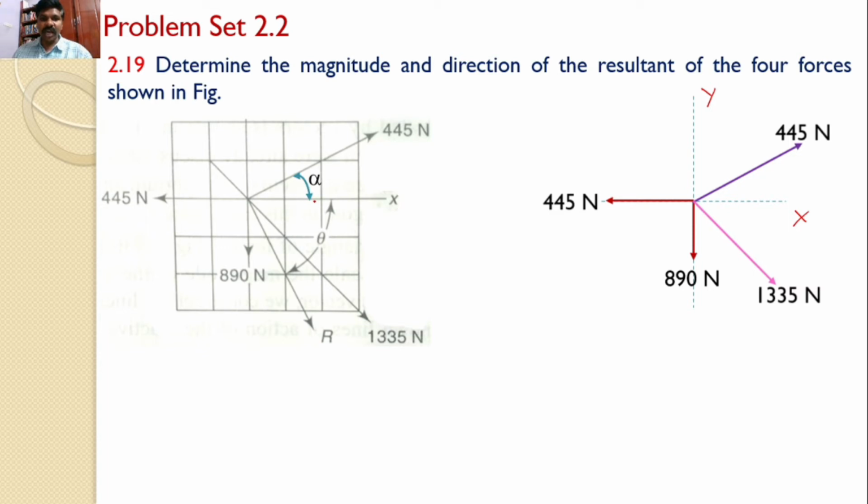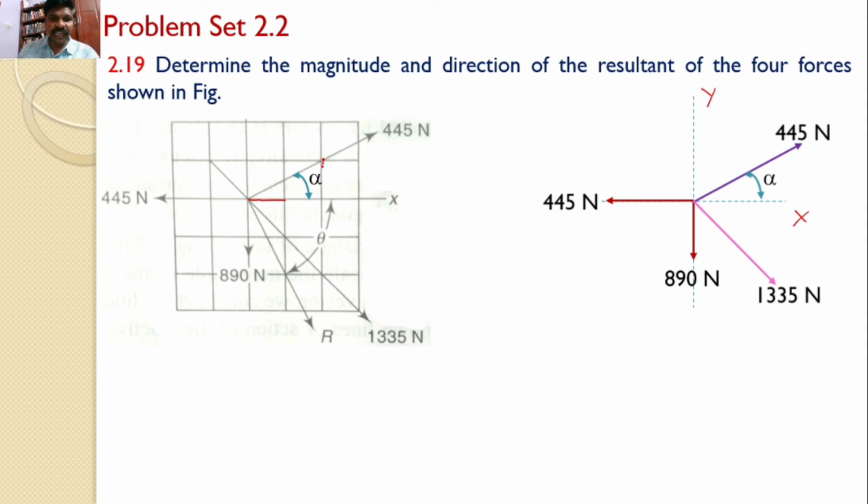Let this angle be alpha, and that angle here is alpha. Now, how to find that alpha? Just consider a small graph sheet that is given in the problem itself. Let us consider this is 1 unit. And the force intersects at this point.